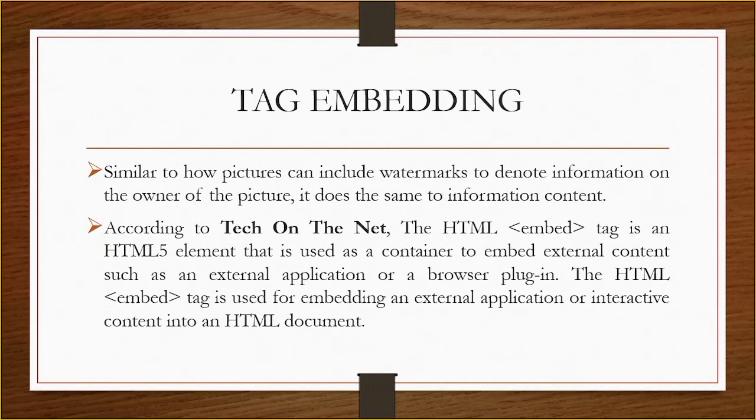According to Tech on the Net, the HTML embed tag is an HTML element that is used as a container to embed external content such as an external application or a browser plugin. The HTML embed tag is used for embedding an external application or interactive content into an HTML document.